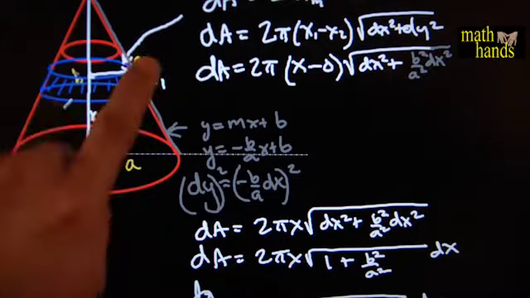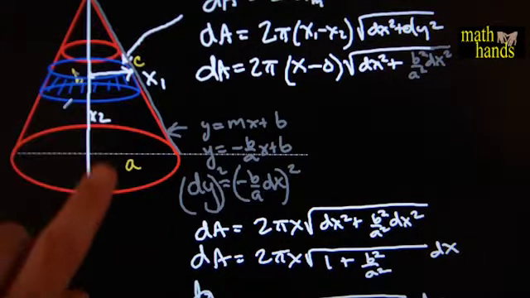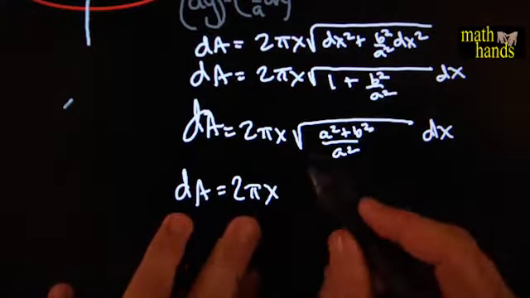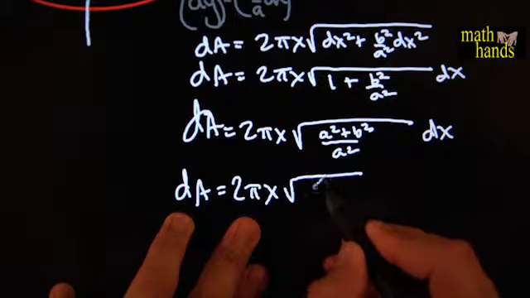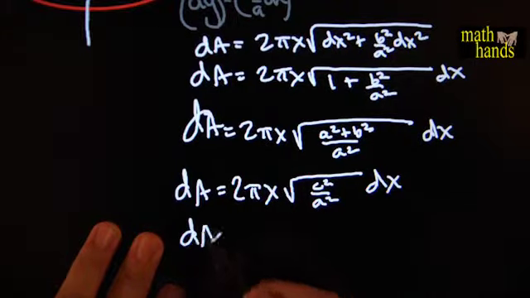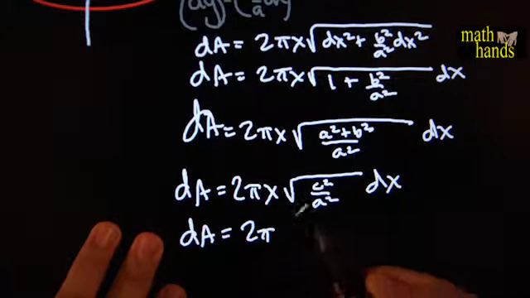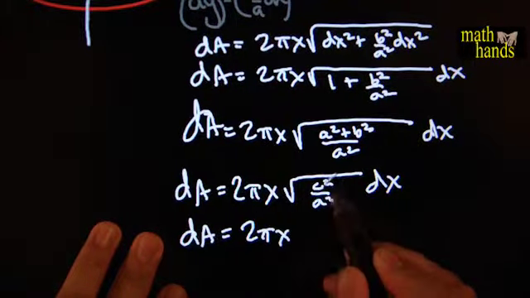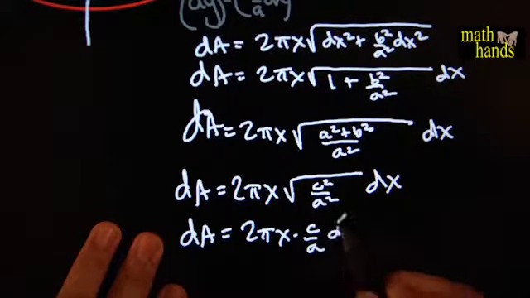So a squared plus b squared is equal to c squared using the Pythagorean theorem. So I can exchange this for c squared over a squared dx, which would clean up nicely. This would be 2 pi x times c over a times dx.